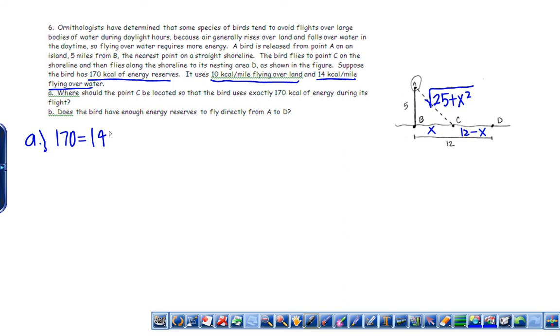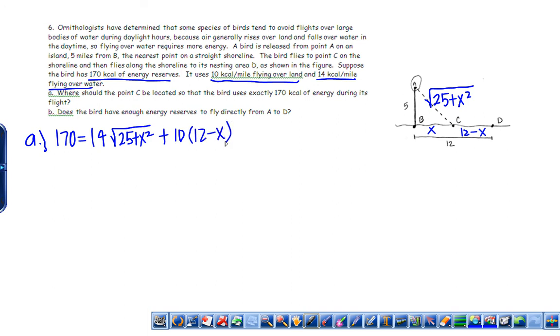Sorry about that. So 14 times the square root of 25 plus x squared, plus it's going to take 10 kilocalories to go over land. So this is going to be 10 times 12 minus x.